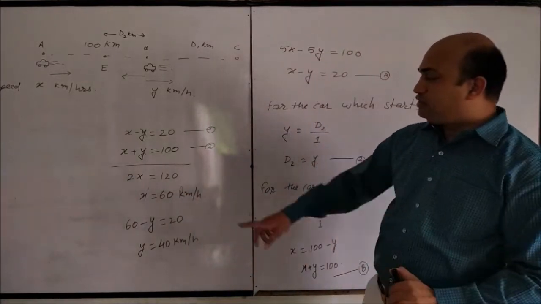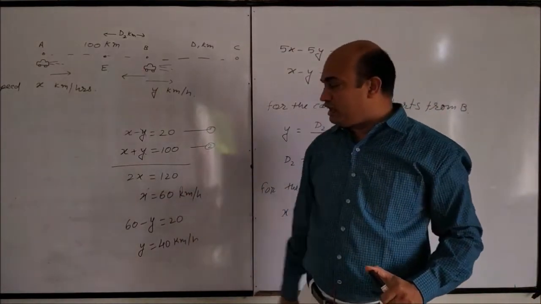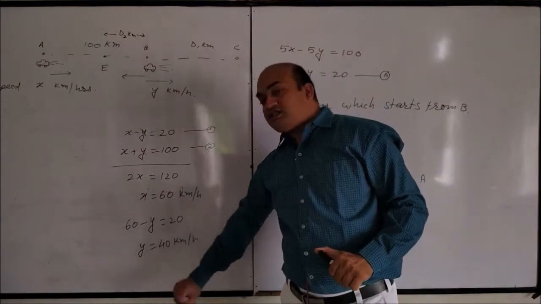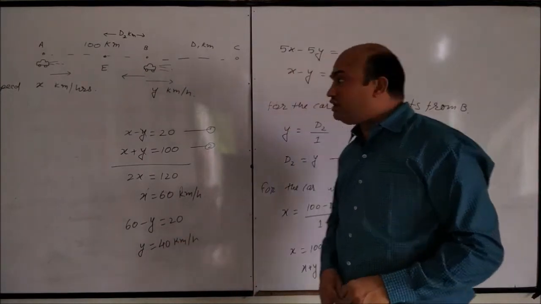So the speed of the car that starts from point A is 60 kilometer per hour, and that of the car which starts from point B is 40 kilometer per hour.